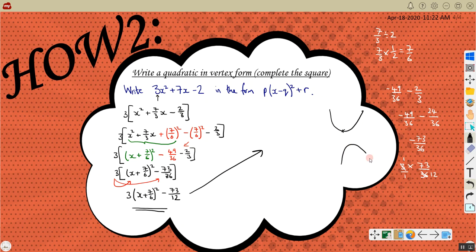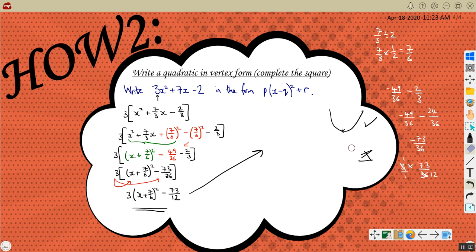Our number in front of the x squared is positive, so we are looking at this type of graph, a smiley face.